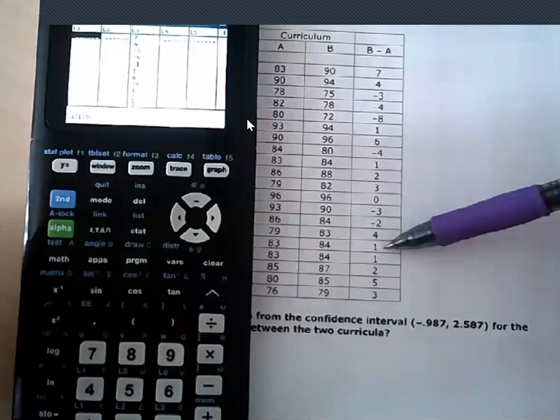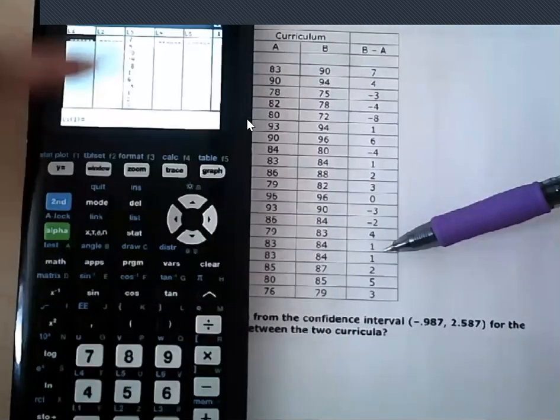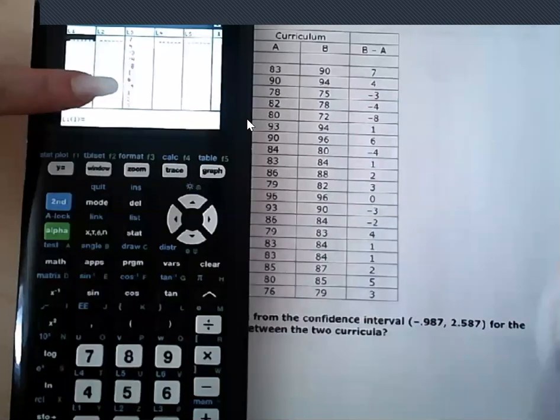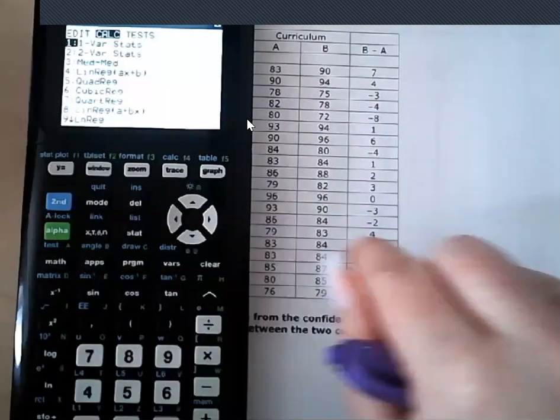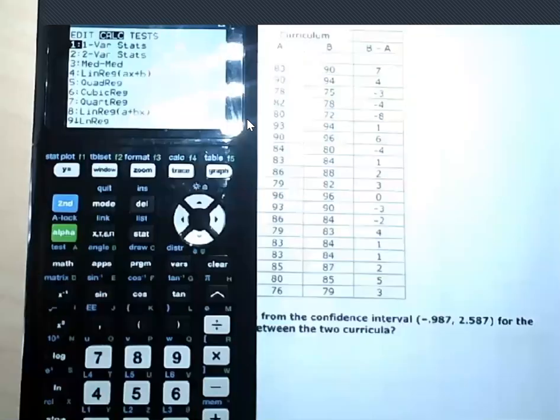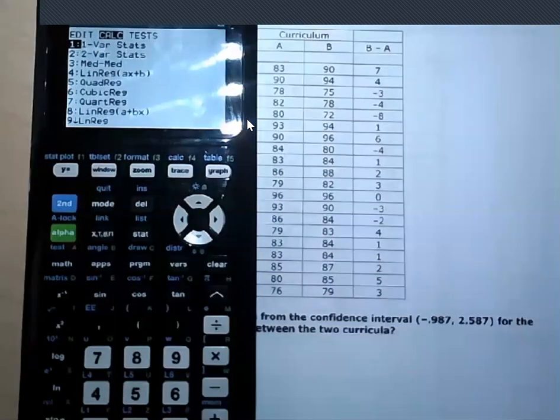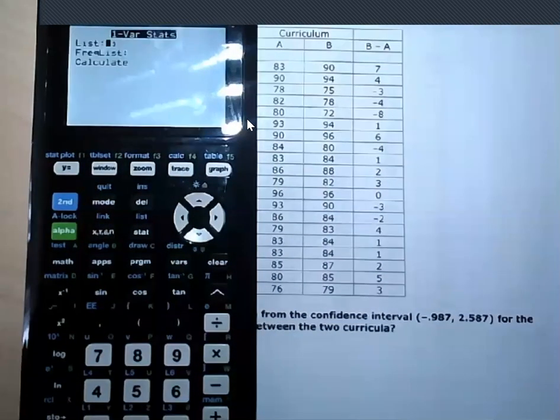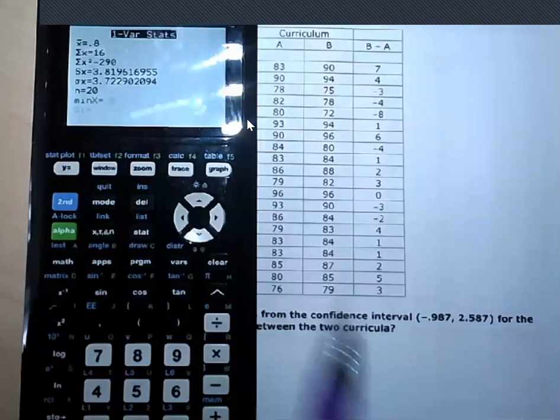So I can calculate my 1 var stats to get X bar and S like I need. So I'll go stat, calculate. 1 var stats, list 3 is where I have my data at the moment. And there we go.